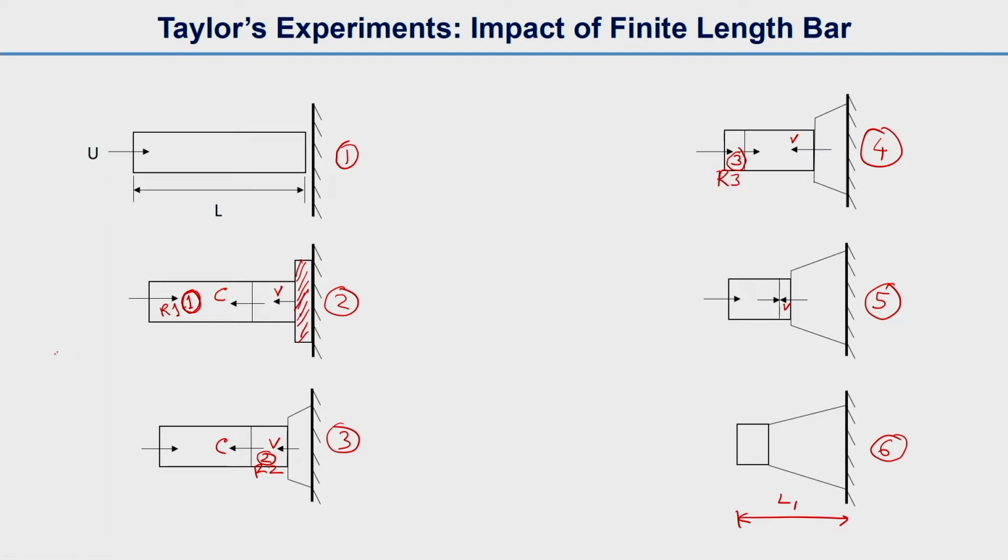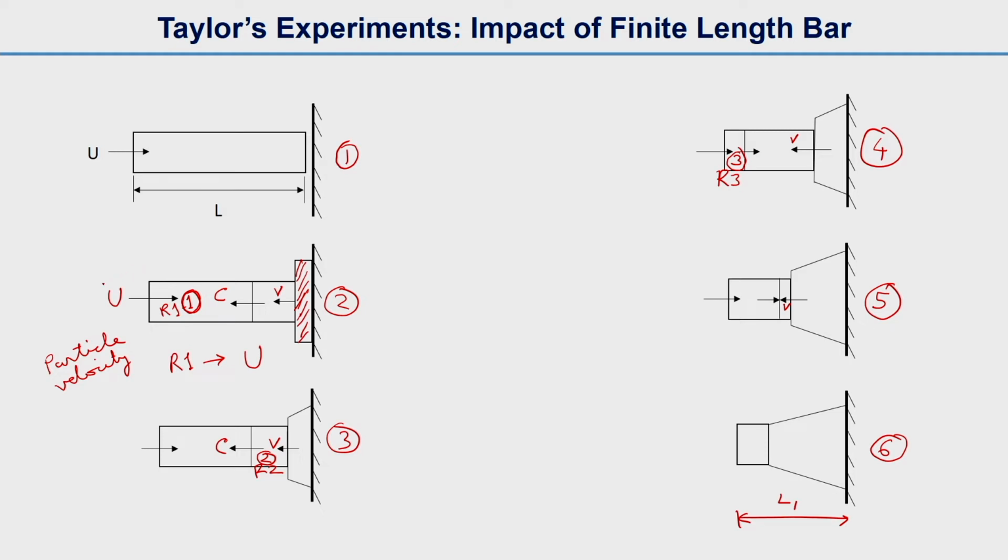So the particle velocity for the R1 case is just u, where u is your impact velocity, and that is the velocity of the back portion of the projectile, or that impact bar.